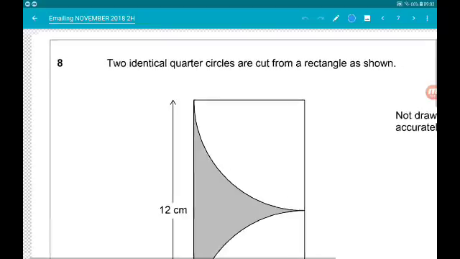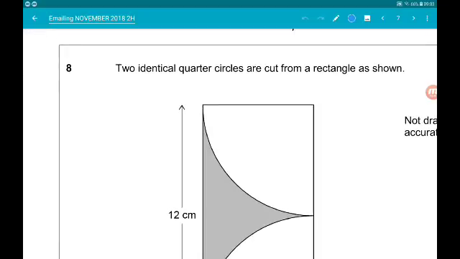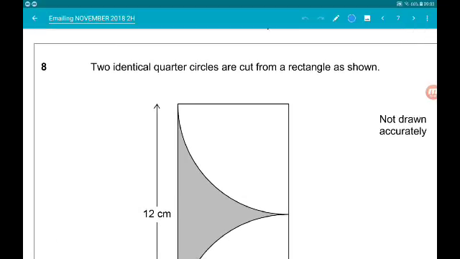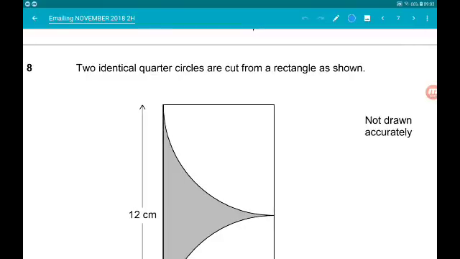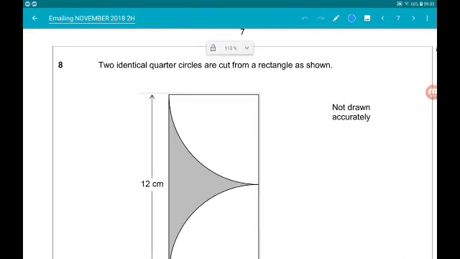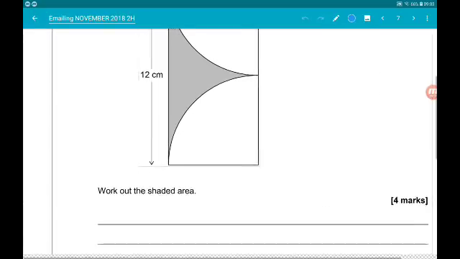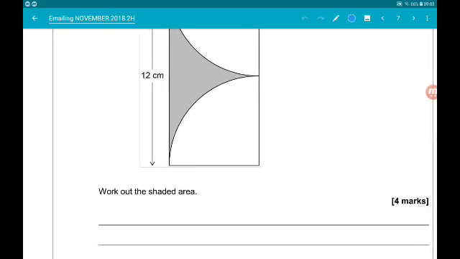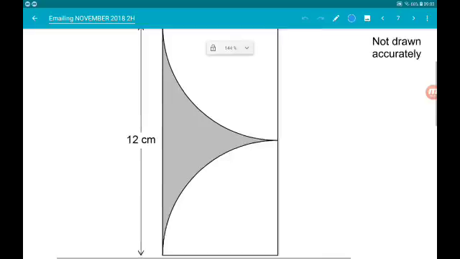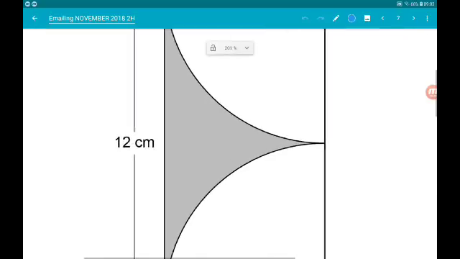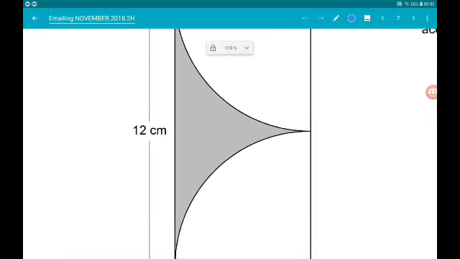Okay, question 8. Two identical quarter circles are cut from a rectangle as shown. We want to work out the shaded area. 4 marks again. At first it might seem like we don't know very much.